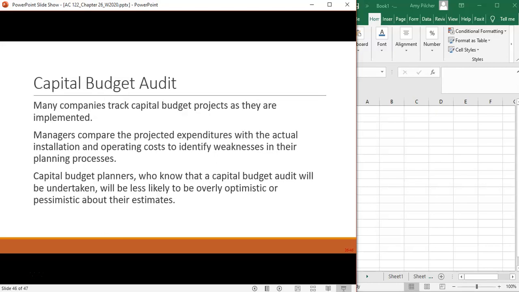How we track them then is called capital budget auditing. We make a list of our projected expenditures and projected inflows, and then when we get into the project, we look at those as compared to the actual expenses. We also generally say that in that 5-year period, we should progress at a certain rate.